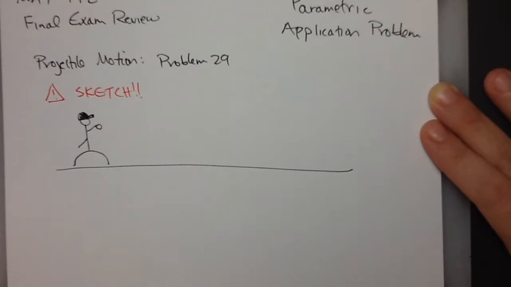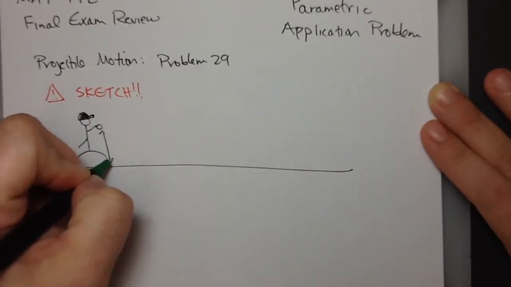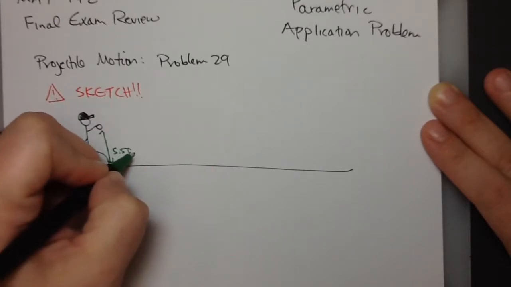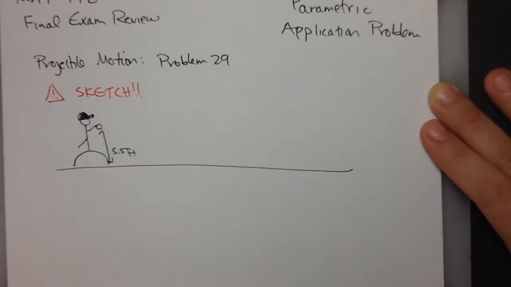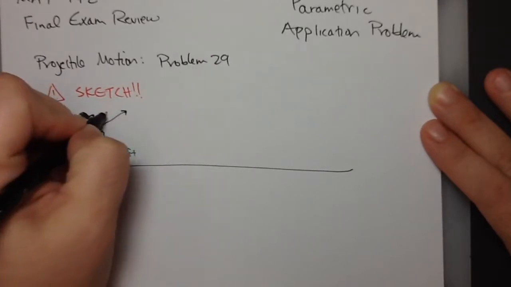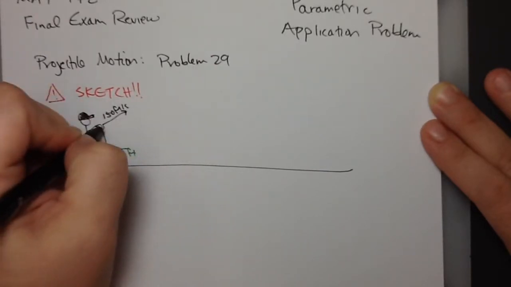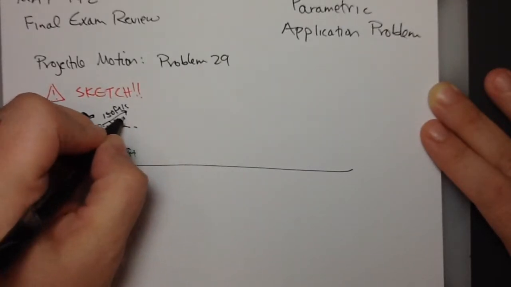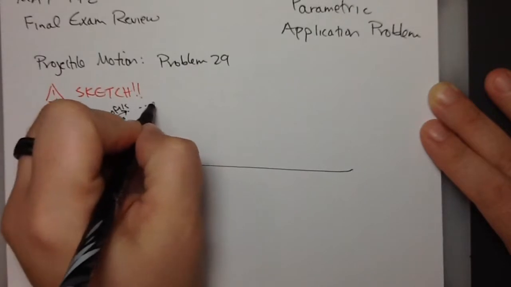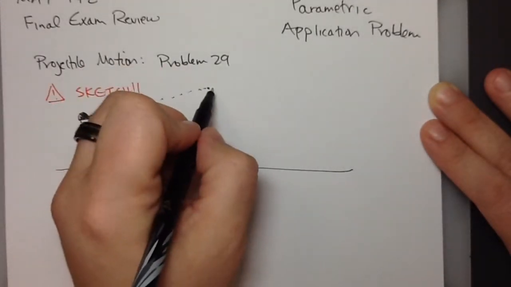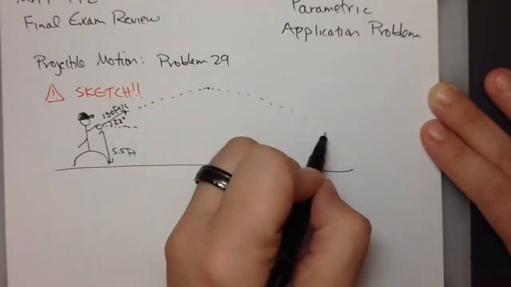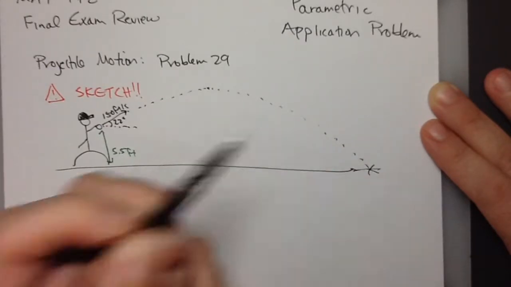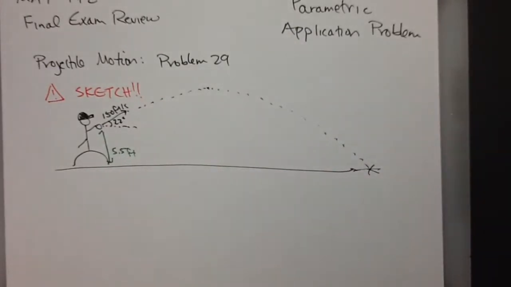So the ball has an initial height of 5.5 feet, and it travels 150 feet per second at an angle of 22 degrees with the horizontal. Then it goes up to a maximum height, then it falls down until it hits the ground here. All right, so this is the picture, this is the movie that you should be playing in your head.